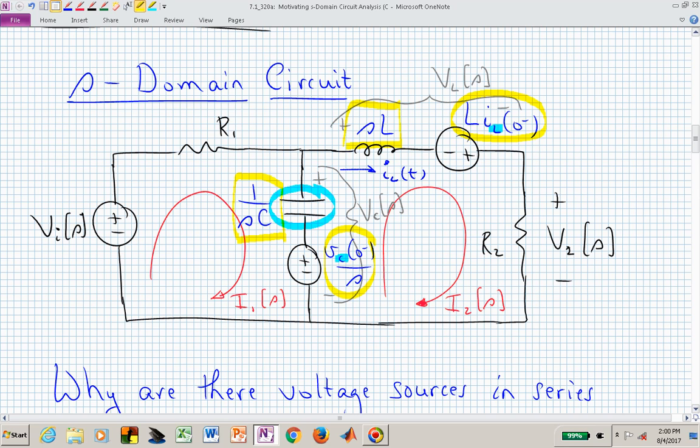Now we have an impedance for our capacitor equaling 1 over SC, and that should look like when you were doing phasor analysis, where the impedance of the capacitor is 1 over j omega C. Now S generalizes that frequency domain description or phasor manipulation, and likewise instead of j omega L, now we absorb that j omega into S, and S can actually have a real component in addition to that purely imaginary component in j omega.